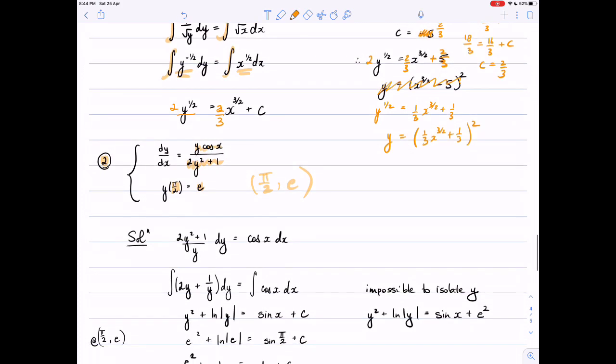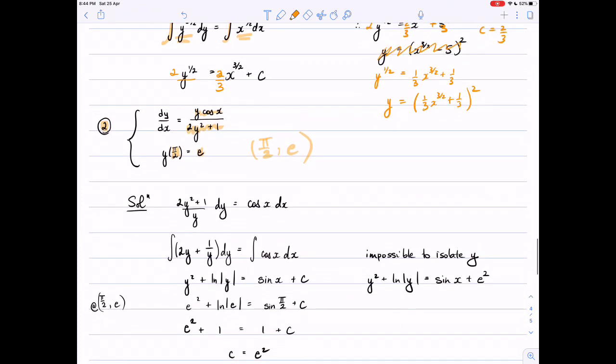We're going to solve this by separating. This is y over 2y squared plus 1 times the cos of x. So if I bring this over to the other side of the equation, I get 2y squared plus 1 over y times dy is cos of x dx.